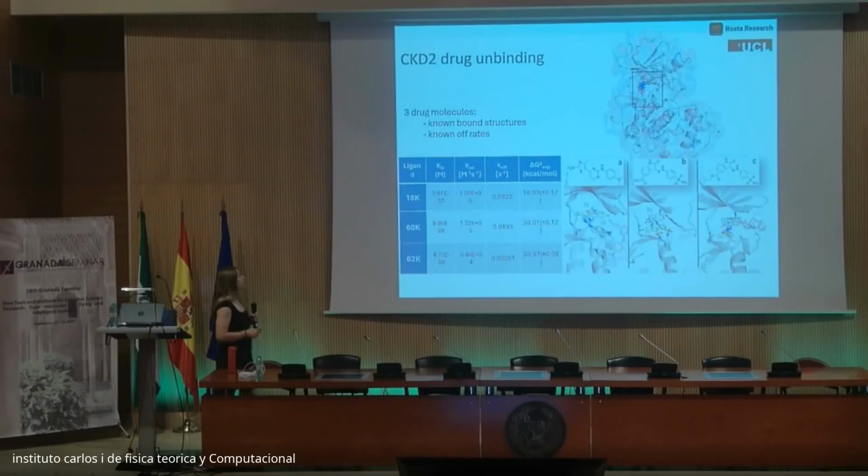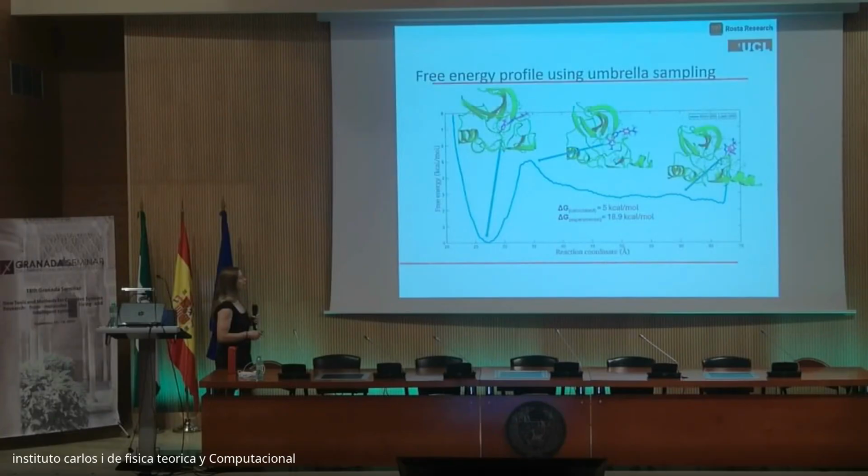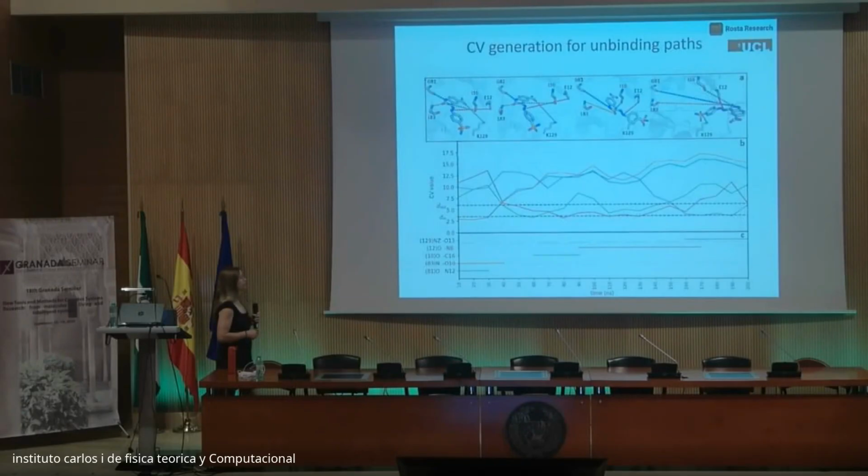To do that, this is an illustration of what we normally would do. We would take different drug molecules for which we have experimental numbers, and we try to do an umbrella sampling simulation, but we very much underestimate the barrier. We get way too fast unbinding rates. The reason is that this is a low-dimensional coordinate, and it doesn't properly reflect the complexity of these unbinding simulations.